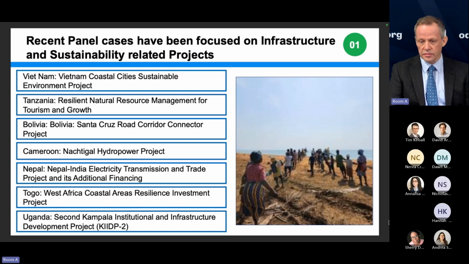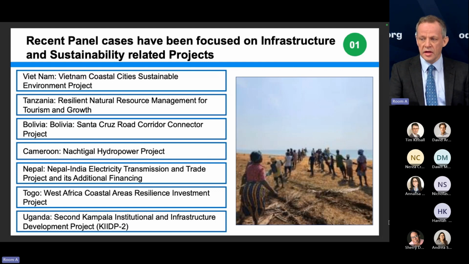It comes up very, very often. They tend to be around the environmental assessment. When there are Indigenous peoples, that can be a big area of potential investigation. The one we've just been on, the report is at the board at the moment, Bolivia, has a lot to do with Indigenous people and a road project that's impacted them.